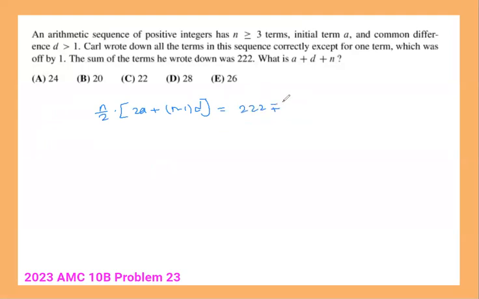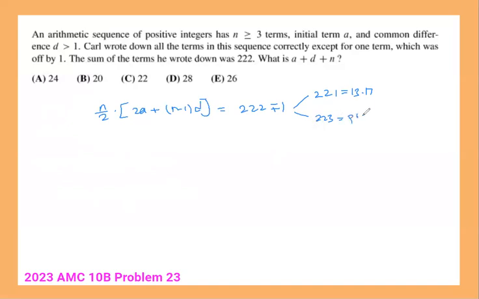222 plus or minus 1, which we don't really know, is it going to be 221 or 223? Since we have only two cases, let's think about those, 221 and 223. If you look at the prime factorization of these, 221 is actually 13 times 17, but 223 is not divisible by any prime until 15, which means this is a prime number.